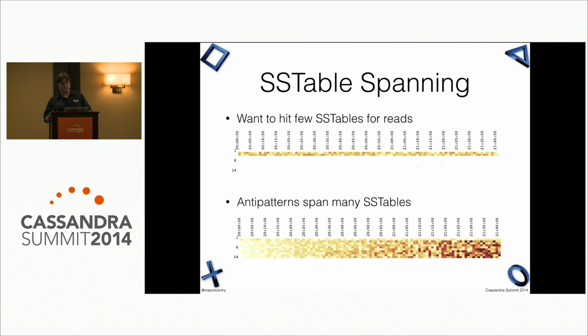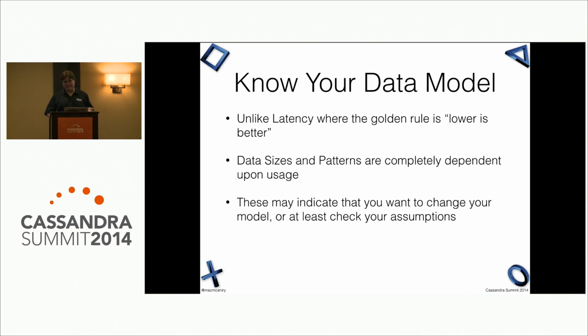You're going to see a big difference with regards to your response time. So again, in latency, we have this golden rule that lower is better. When you're talking about data sizes and patterns, it's completely dependent upon your usage. 14 SSTable reads might be necessary based on what your application is doing and how wide its row is.